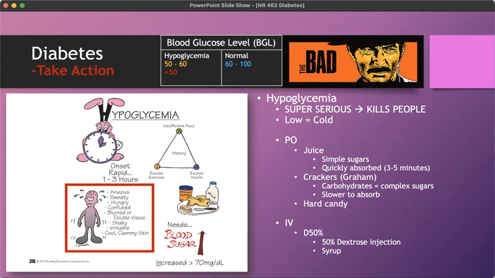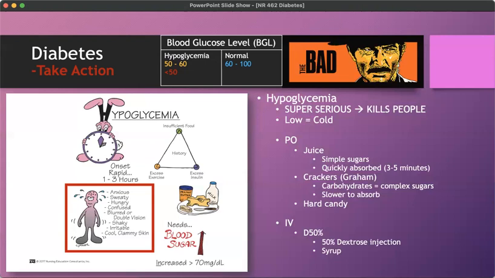Graham crackers are a great example of a sugary carbohydrate that can keep a patient's blood sugar elevated for a prolonged period of time compared to just drinking juice. In the outpatient setting, patients are usually advised to keep hard candy on them because that'll deliver sugar over a period of time and can be a rescue method for when they experience hypoglycemia.